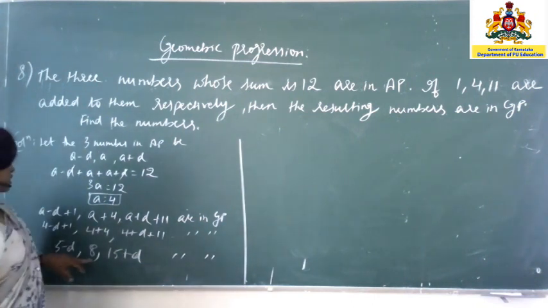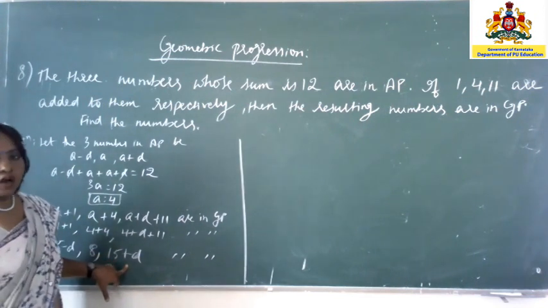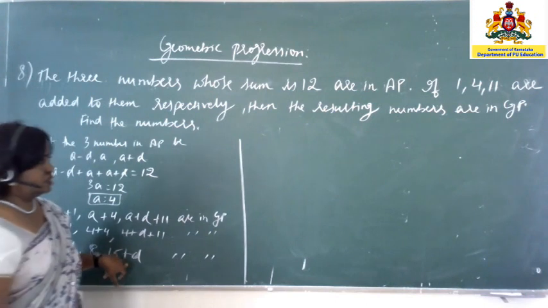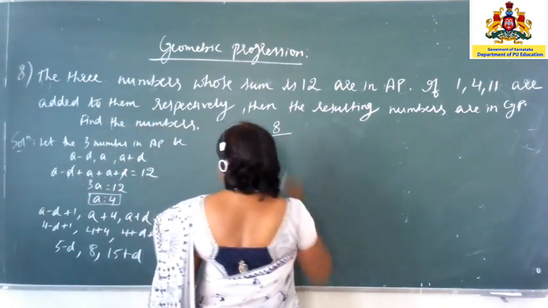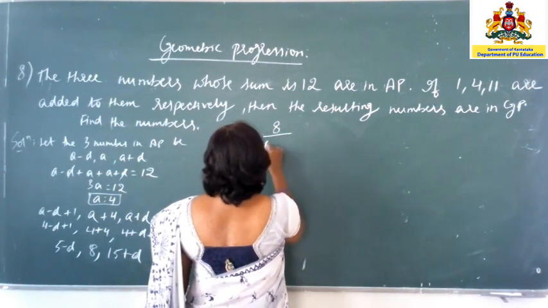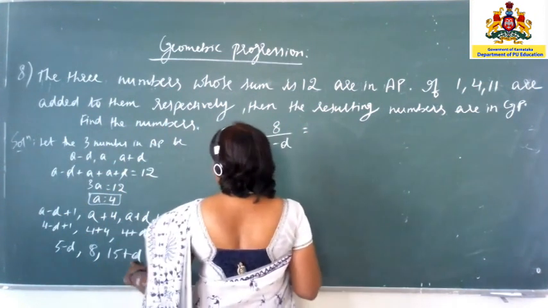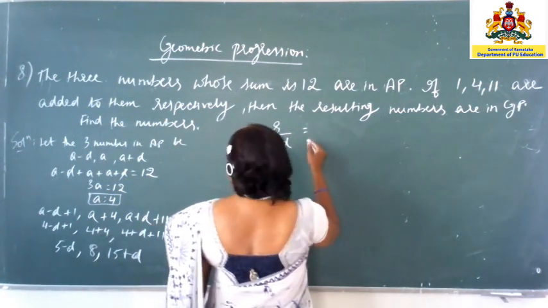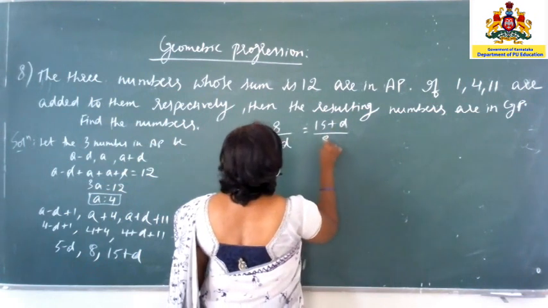So according to the definition of GP, T2 divided by T1, 8 divided by 5 minus d is equal to T3 divided by T2, that is 15 plus d divided by 8.